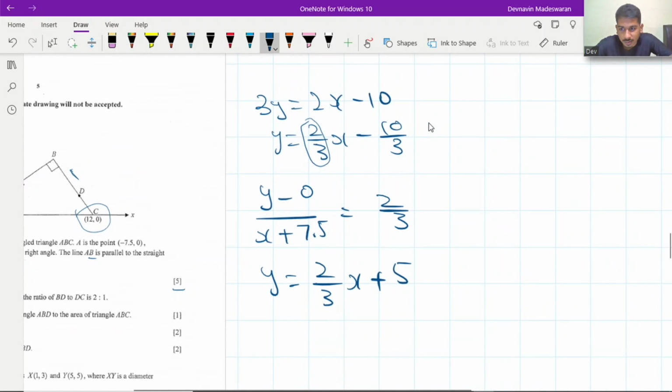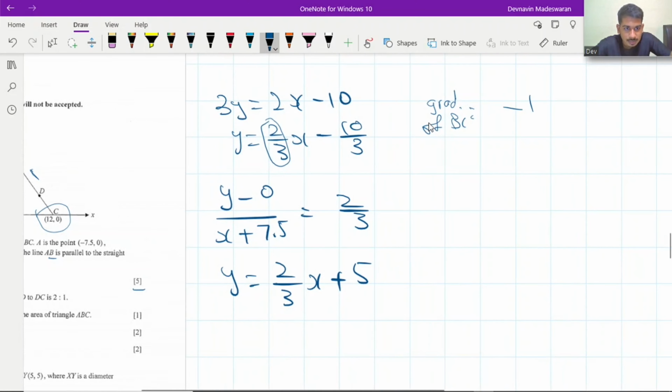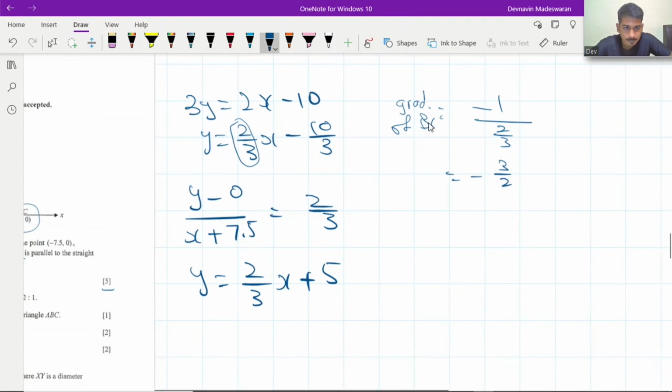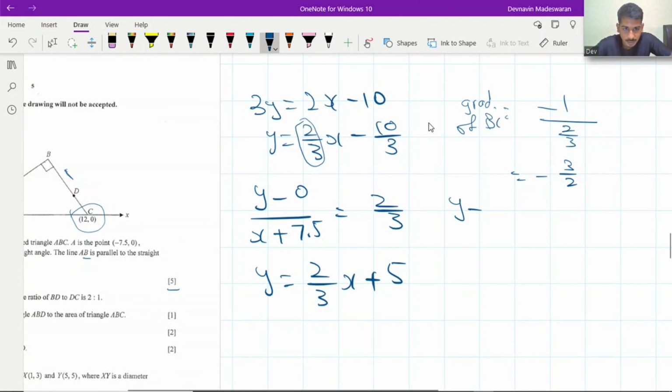We need to find the gradient of that, which is going to be negative 1 over that thing. So gradient of BC is equal to negative 1 divided by 2/3, which is going to be negative 3 over 2. So again, same idea. y minus 0 over x minus 12 is equal to negative 3 over 2.